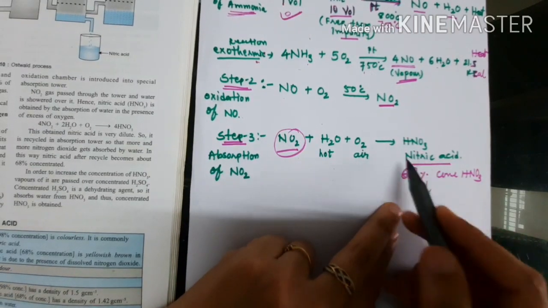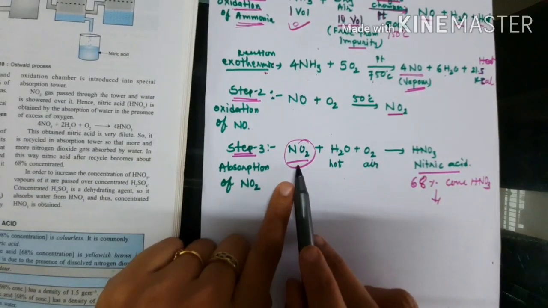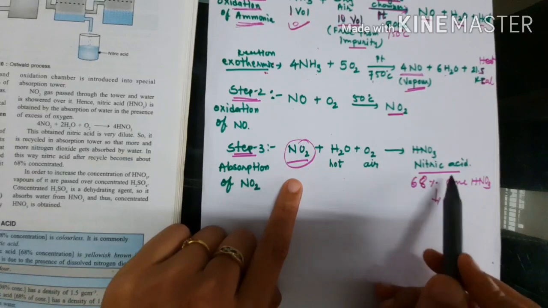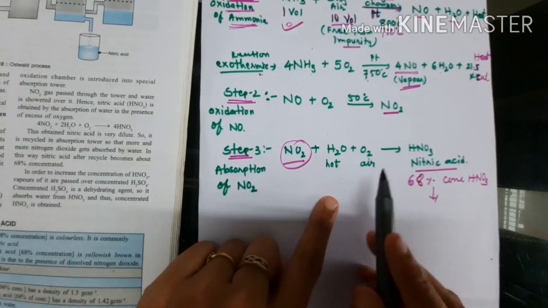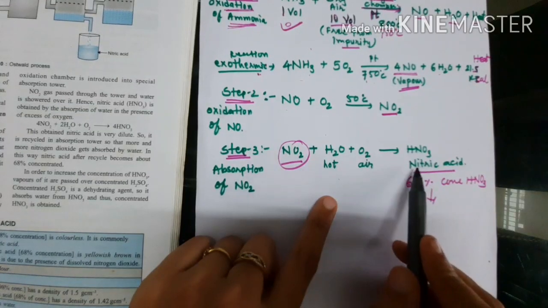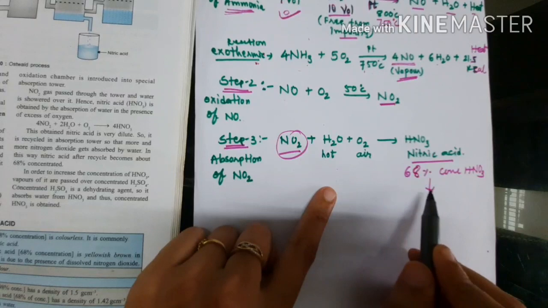We can take this nitric acid into the first step one more time, pass it through the hot water again, and we will get nitric acid again, and slowly and gradually we will increase the concentration of the nitric acid.